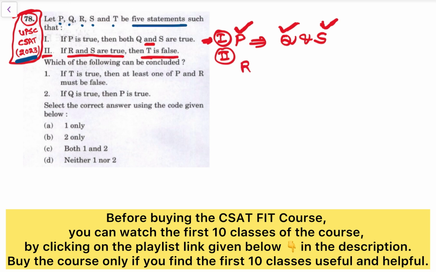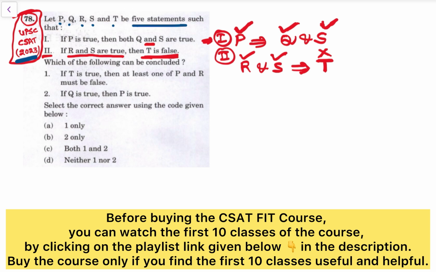That means if R is true and S is true, then T is false. That is what is given.